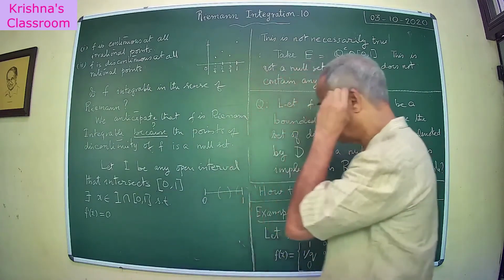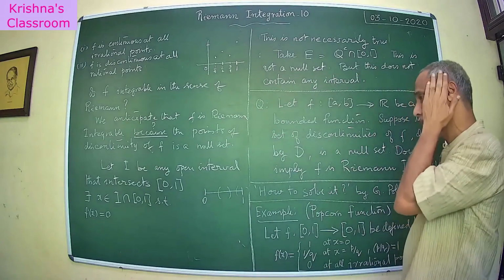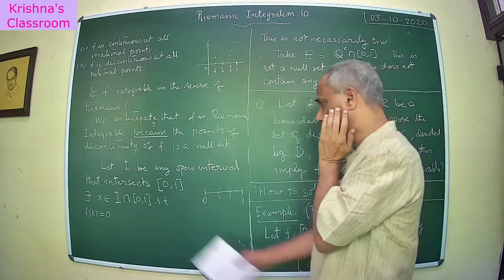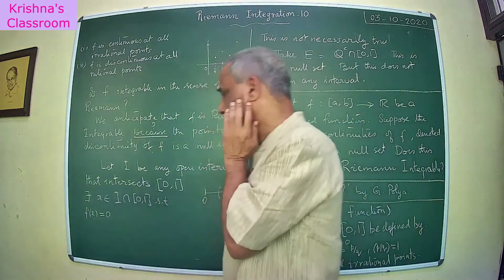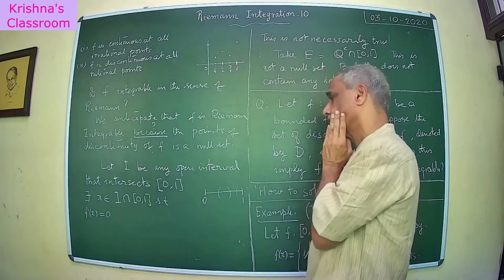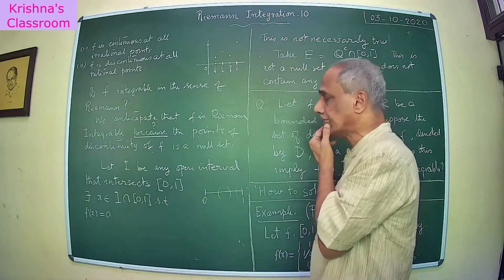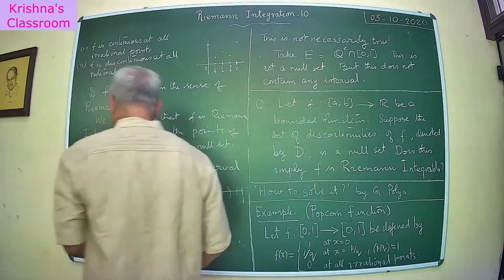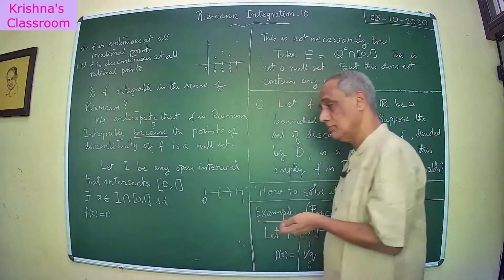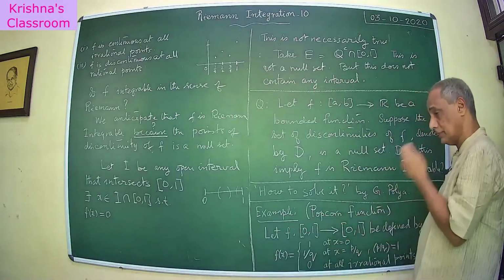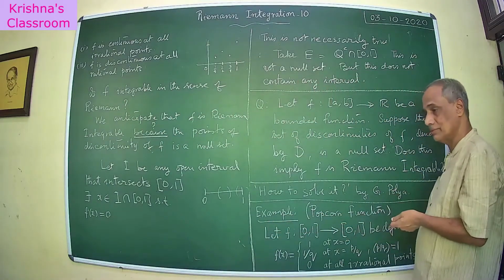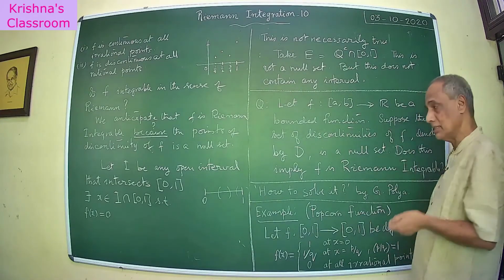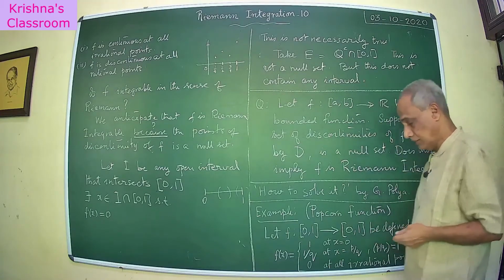Therefore, what you can infer is that for any such interval, the function takes value 0 at some point, and therefore the minimum value is attained at some point on that interval. What does it mean? Well, the function is something that lies between 0 and 1.